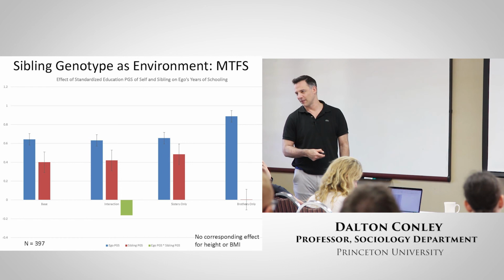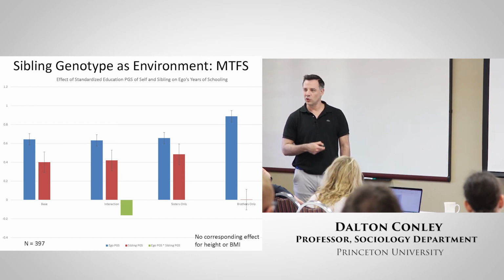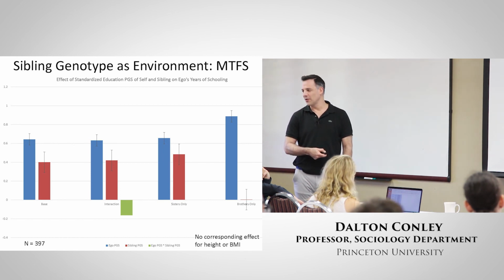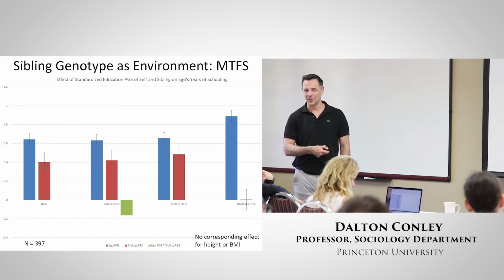They only have same-sex pairs in this data set, unfortunately. But sisters have an effect. So if you're 2 sisters, not only does your polygenic lottery matter, but also your sister's matters in a positive way. For brothers, brothers don't care what their brother's genotype is.